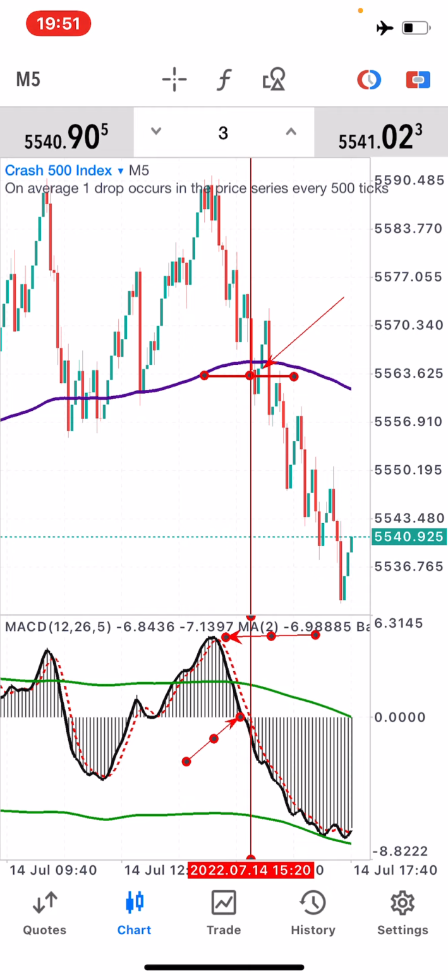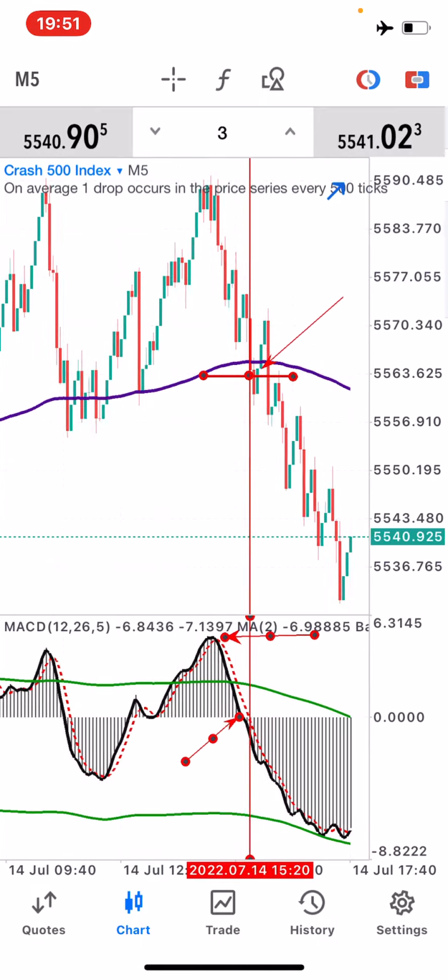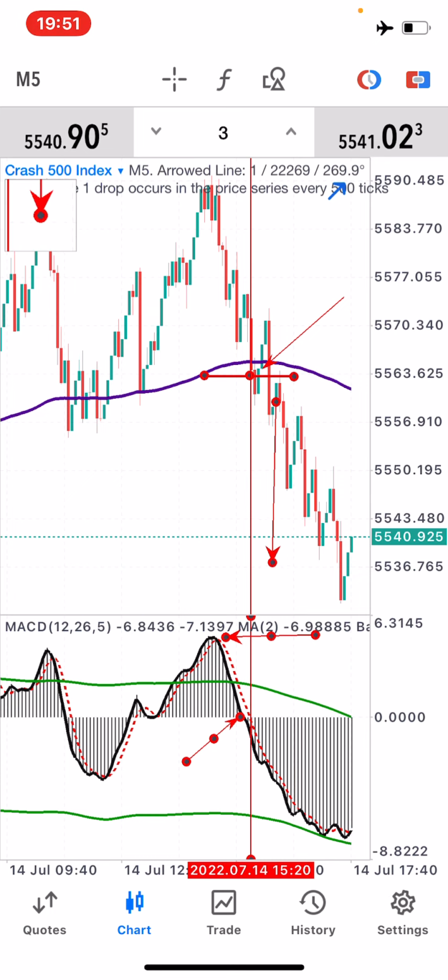This is where your sell trade should start. And as you can see, the market pushed all the way down like that. We're going to talk about the take profit levels and the stop loss, but I just want you guys to understand what happened right there, right?